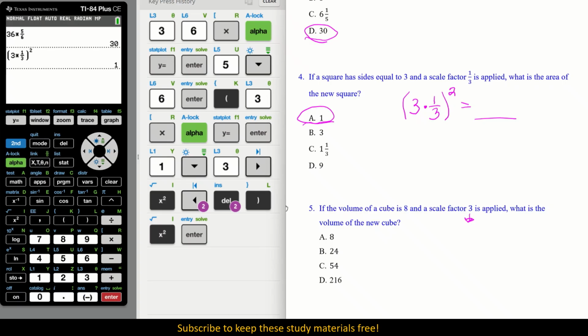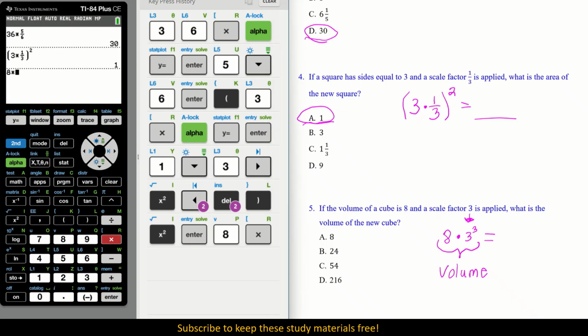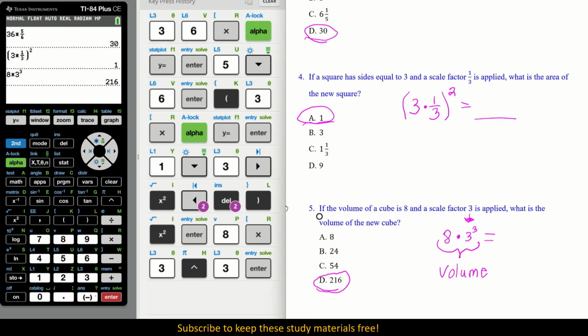So you need this to be to the 3rd power before we apply it to the 8, which is already volume. This means both of these are in forms of volume, and then we put that in the calculator and we get what we need. So 8 times 3, carry it up 3, enter, and D is our option.